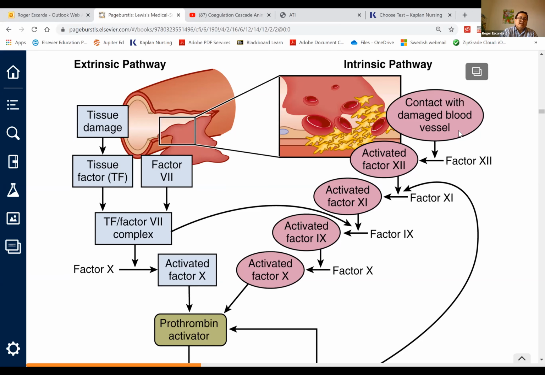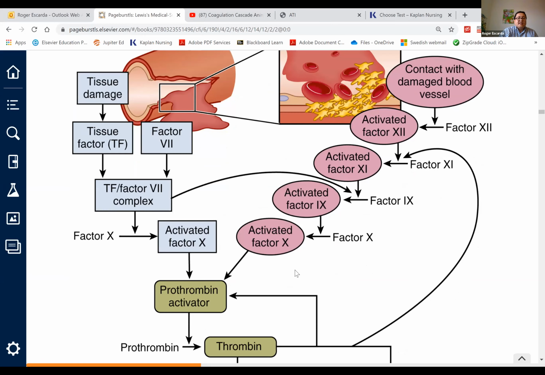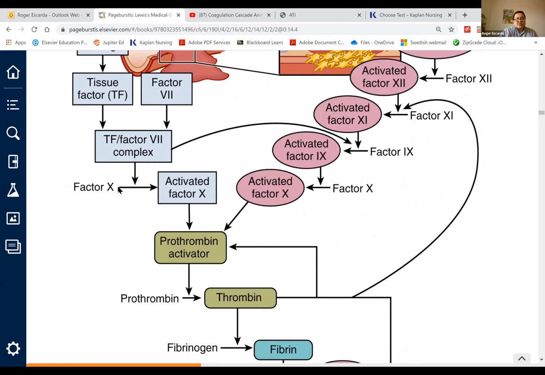It starts with the tissue factor, and then factor 7 will activate factor 9, and then factor 10. The extrinsic and the intrinsic pathways both meet at factor 10. I'll explain the significance of factor 10 later when we get to DVTs.